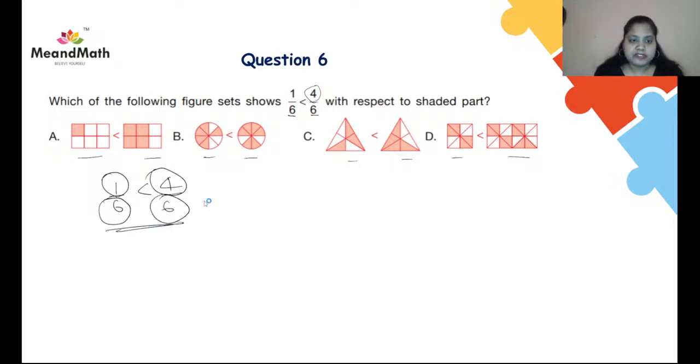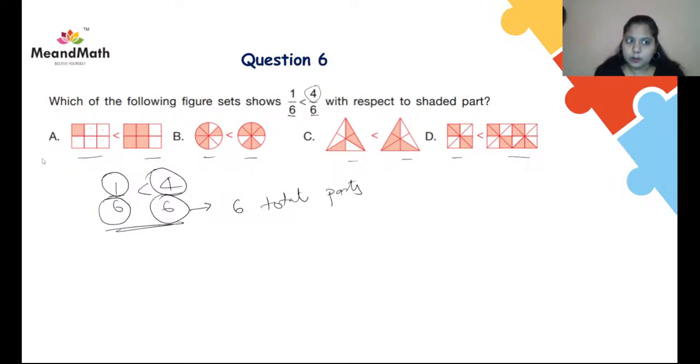First we'll see if the denominators are correct, that is, if every picture has 6 total parts. First we'll see and eliminate the answers. So first we'll count 1, 2, 3, 4, 5, 6.